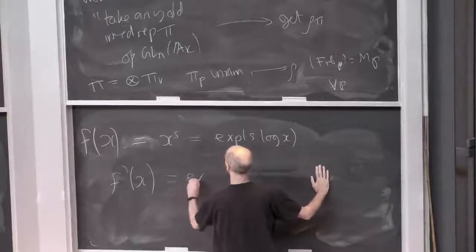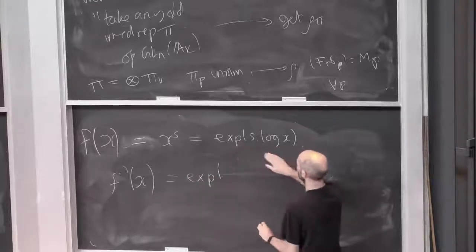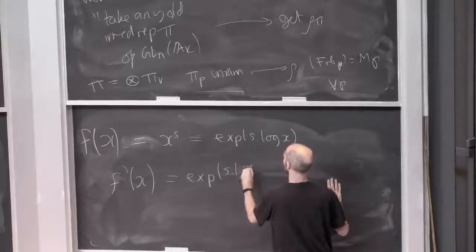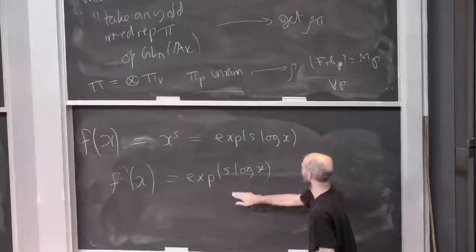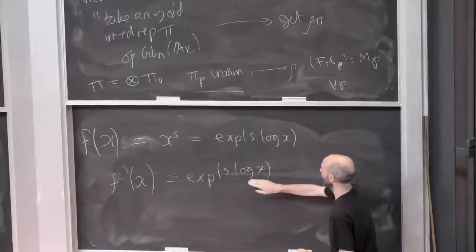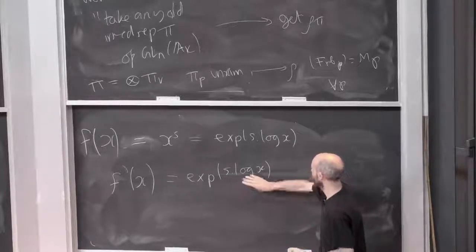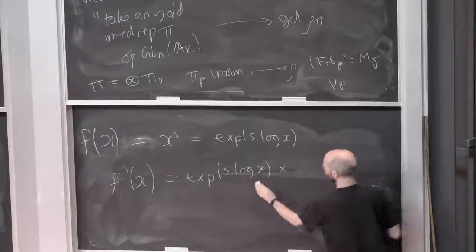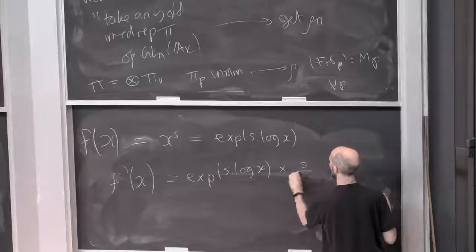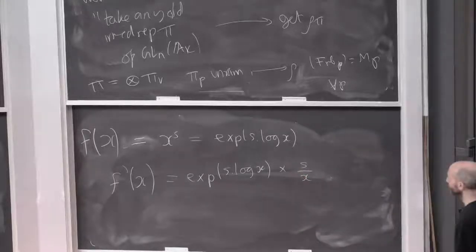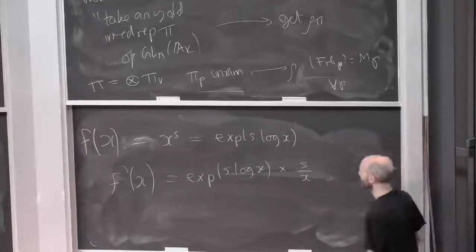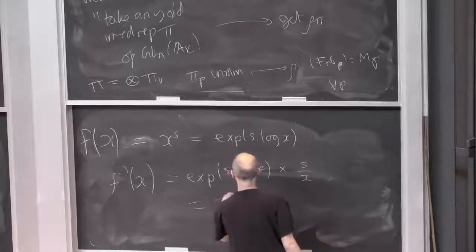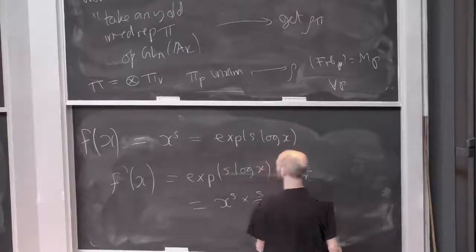The derivative of exp of something is itself, and now I take the derivative of what's in the bracket. The derivative of s log x with respect to x is s over x. So that's x to the power s times s over x. Is that right?